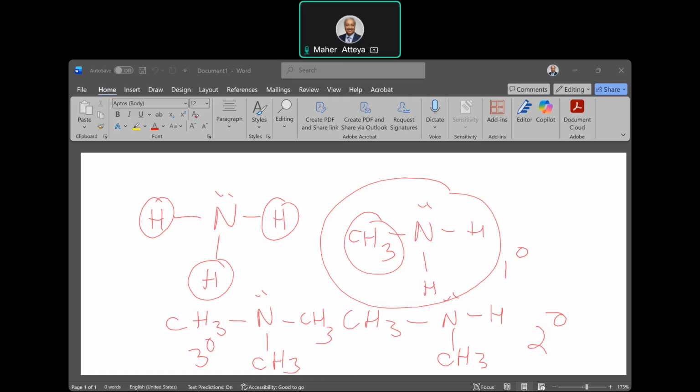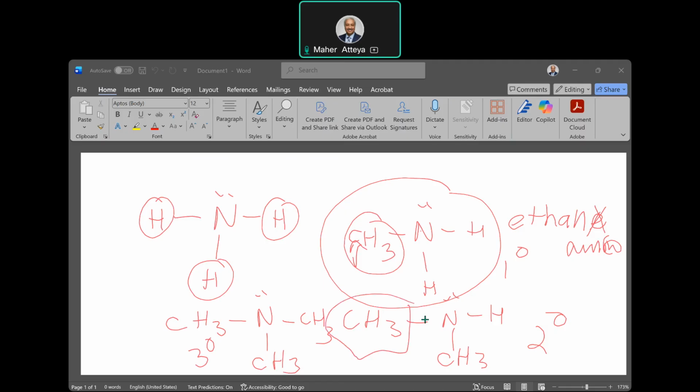And that's not the IUPAC correct name. We go by the carbon here, one carbon, that's methanamine. Methane, take the E out, amine. This is the same thing here.